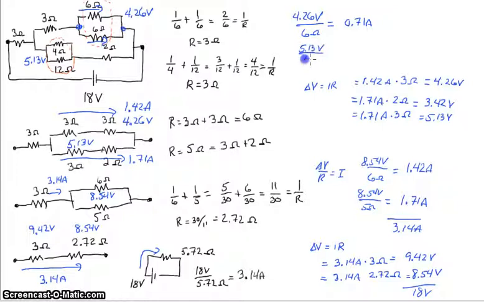5.13 volts divided by 4 ohms, and then 5.13 volts divided by 12 ohms. So for the 4 ohm, we have 1.28 amps, and then we have 0.42 amps.